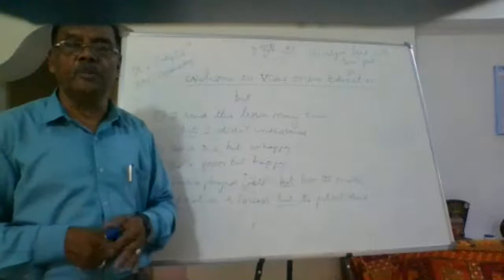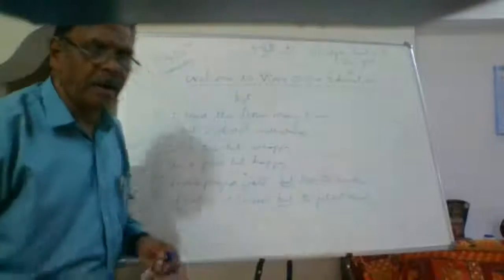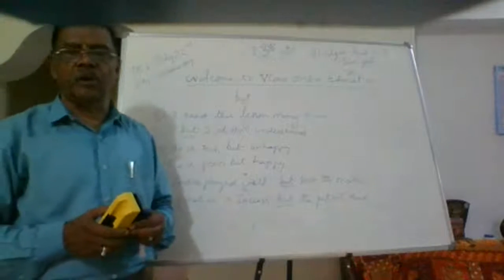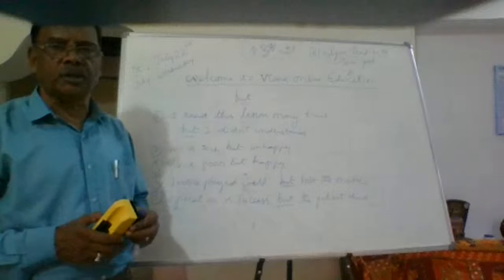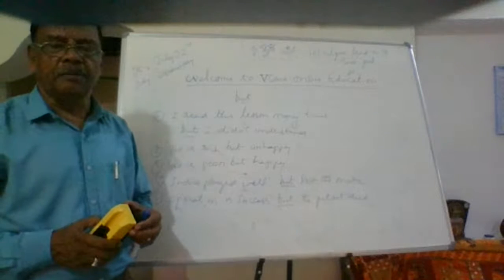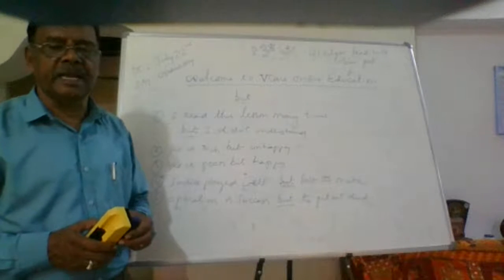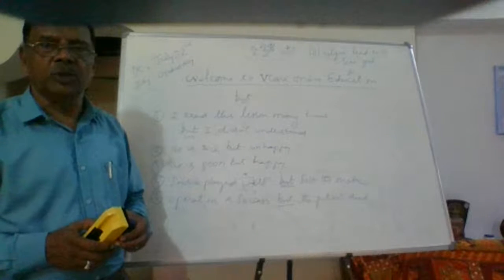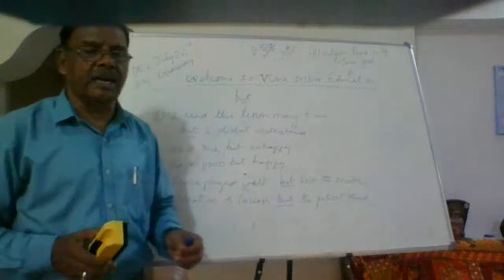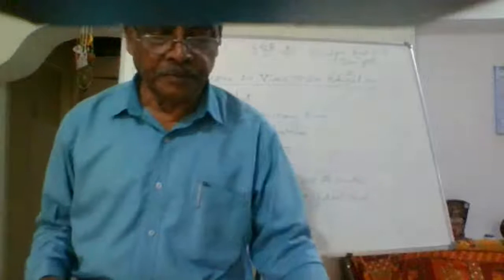Now coming to because, what I write on the board, please make a note or remember. But is a conjunction, because is also a conjunction. Because is the same as so or as. Okay, it gives some reason.